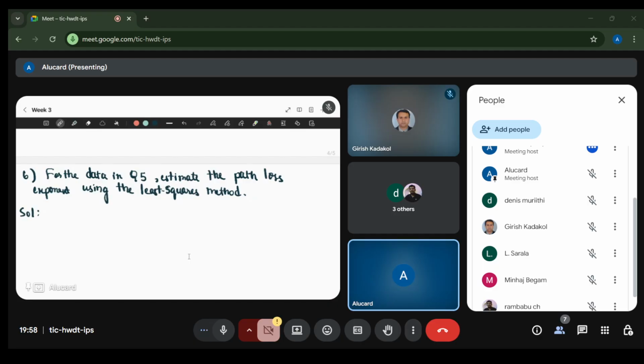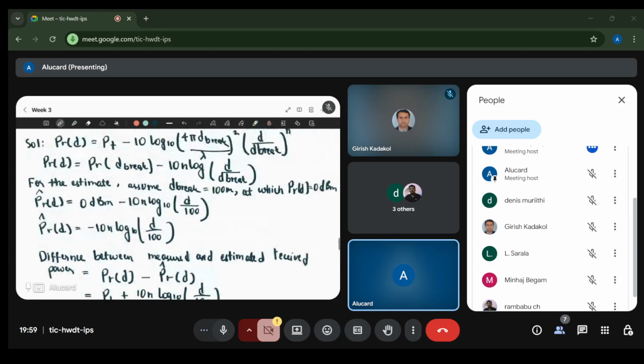So the objective function that you want to minimize is the summation of Pi minus Pi hat square.